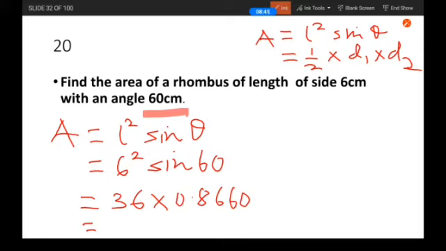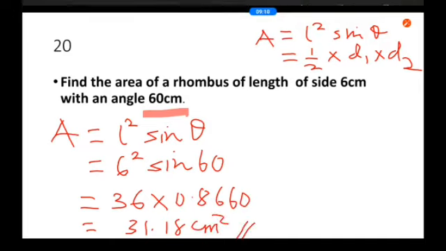And if you multiply this very well, you'll be getting 36 times 0.8660, which is 31.18 centimeter squared. Very good, and that will be the answer.